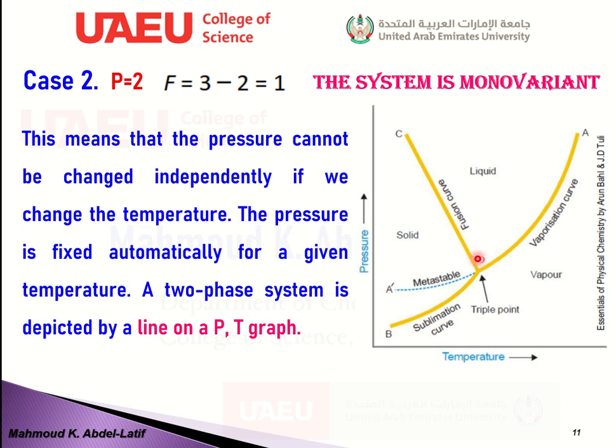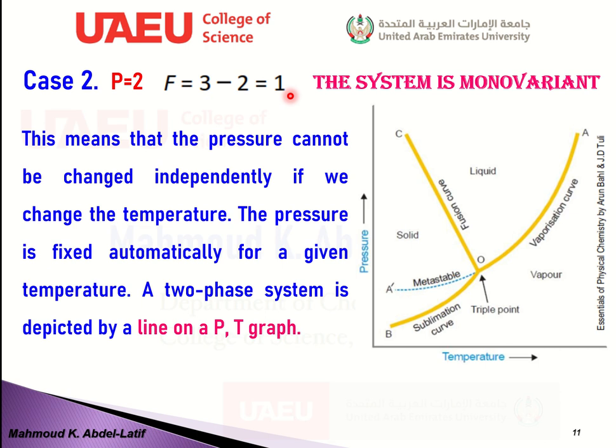Here it's a boiling curve or vaporization curve. Here from solid to vapor you have the sublimation curve. Now we have two phases. This means that if you apply the Gibbs phase rule, it will be 3 minus 2, and you end up with the number of degrees of freedom equal to 1.